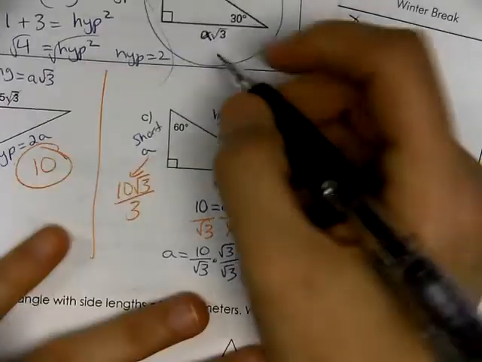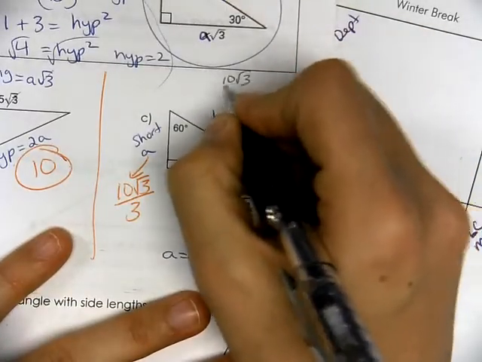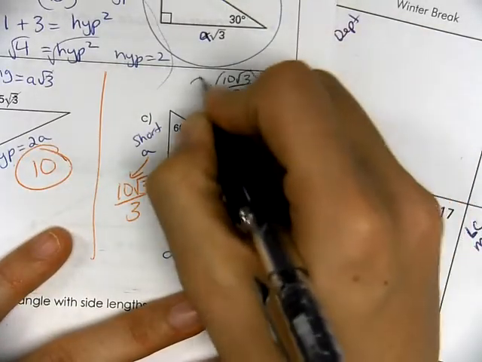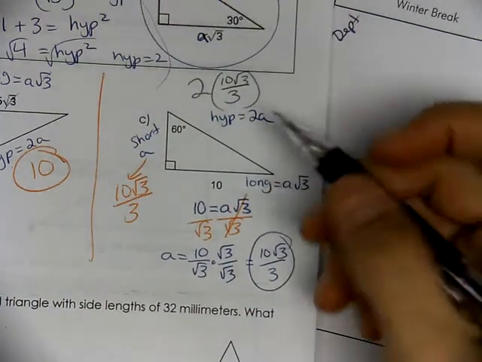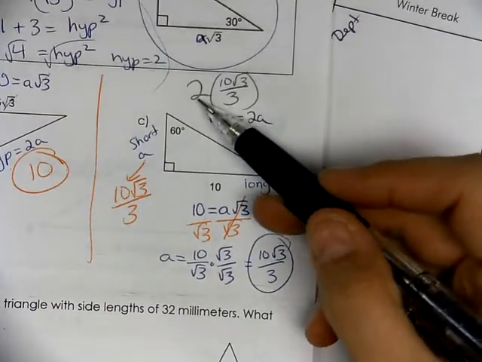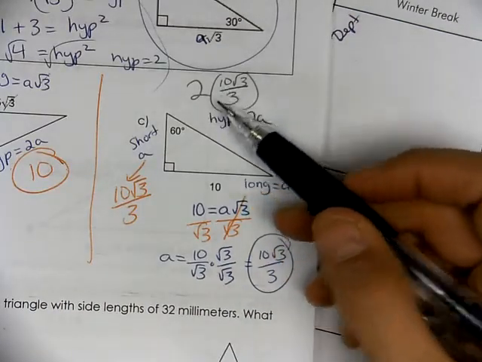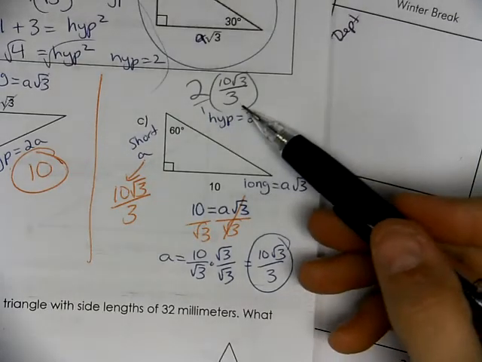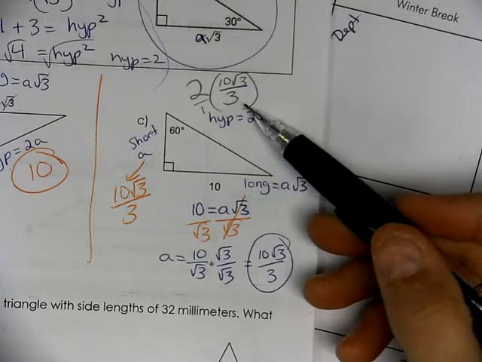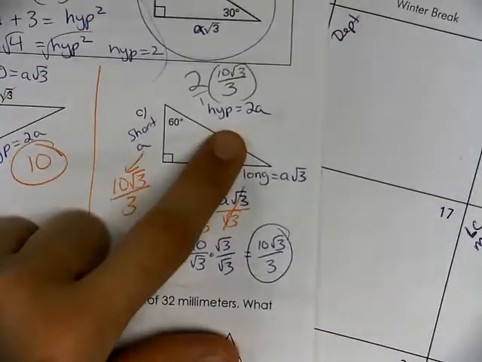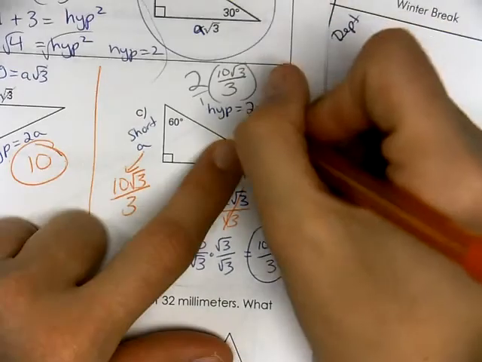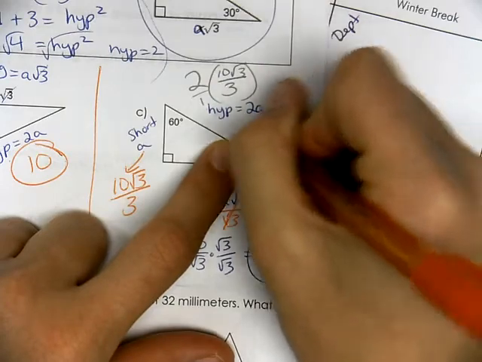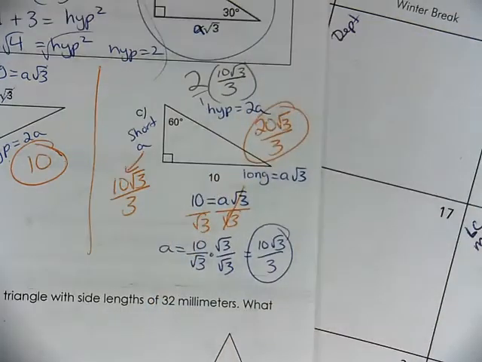If I do 10 root 3 over 3 and multiply that by 2, the only number that gets multiplied by 2 is 10. Think 2 over 1. A lot of people will multiply the denominator also. You don't want to do that. So this final answer is 20 root 3 over 3.